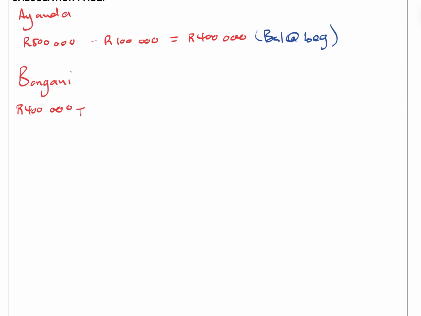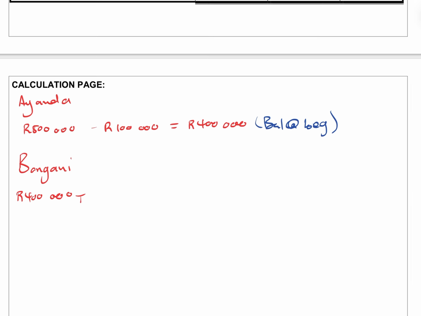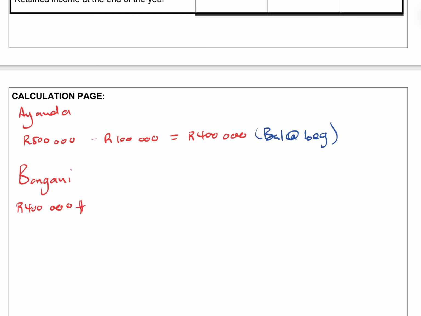So plus the 50,000, which will give us 450,000. Therefore, Bongani's capital at the beginning of the year was 450,000. So this is his balance at the beginning.